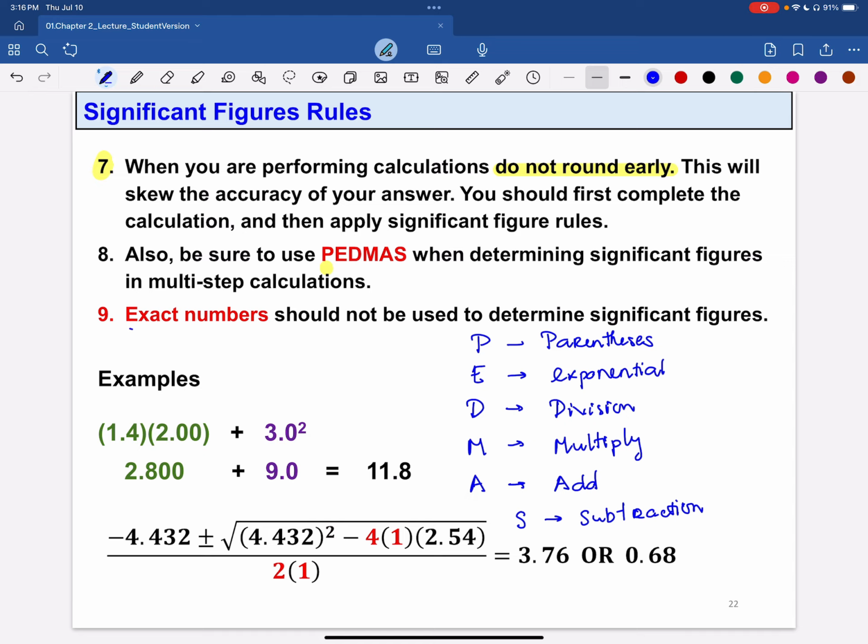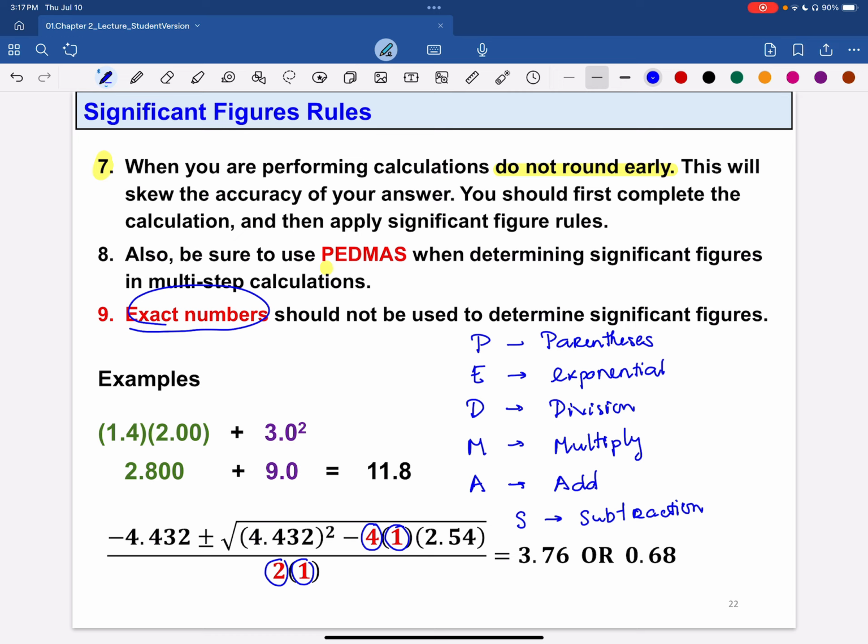Now, last but not least, exact numbers should not be used to determine significant figures. For example, if you remember the quadratic formula, minus b plus or minus square root of b squared minus 4ac. So in this case, this number 4, this number 1, 2, 1, these are exact numbers.